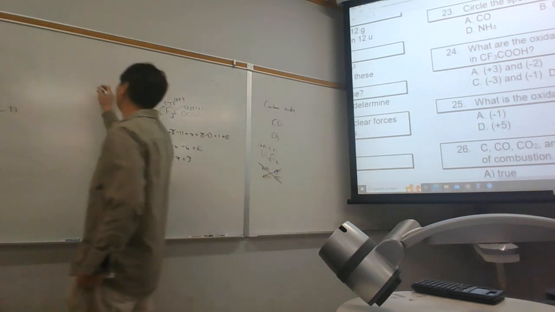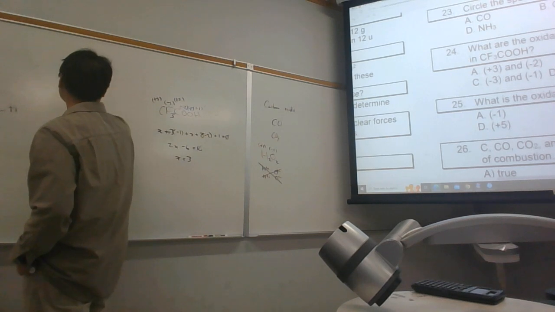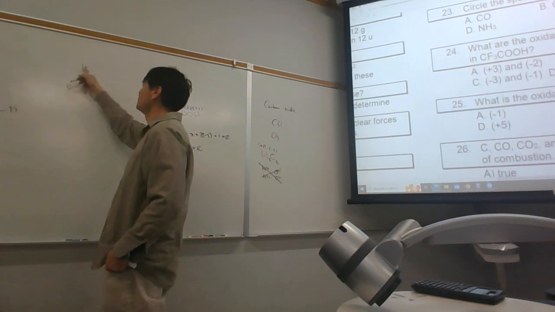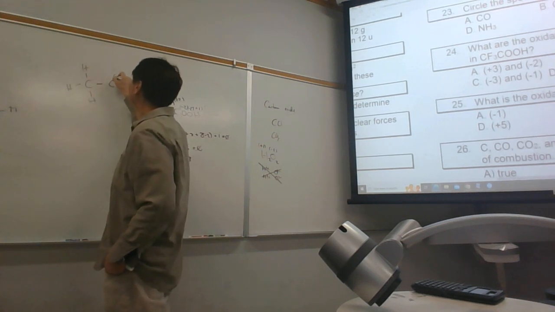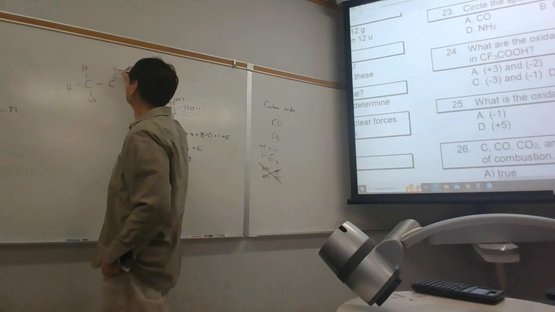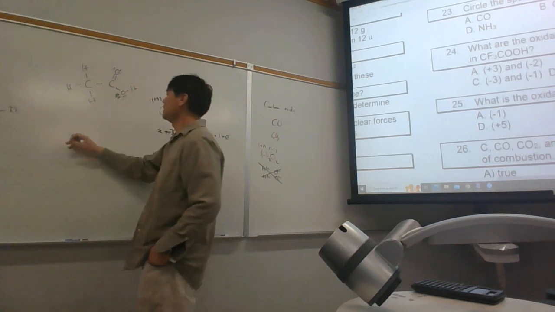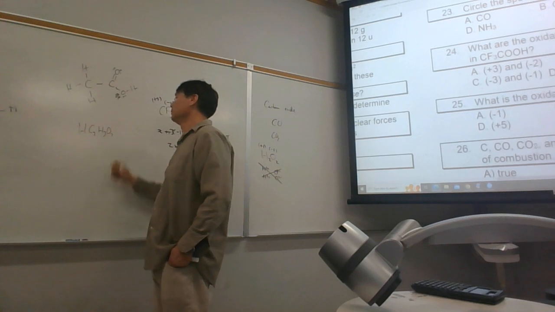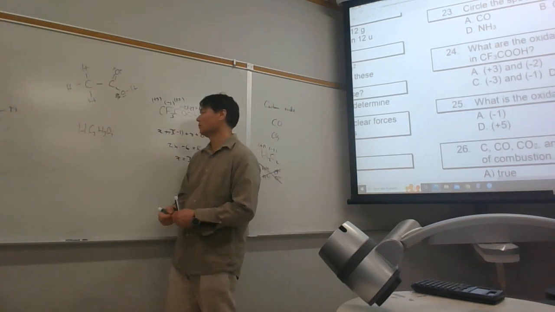The example that I gave was different. The example that I gave was acetic acid. And the difference between acetic acid and trifluoroacetic acid is the hydrogens here. So if we look at acetic acid, which is HC2H3O2, what are the oxidation states? What goes first here?